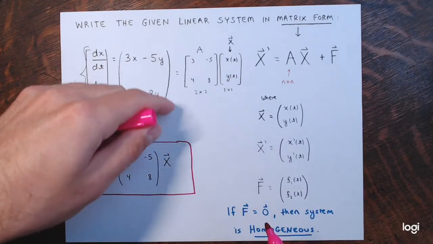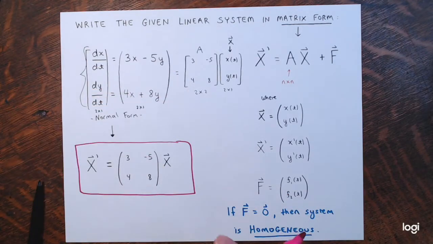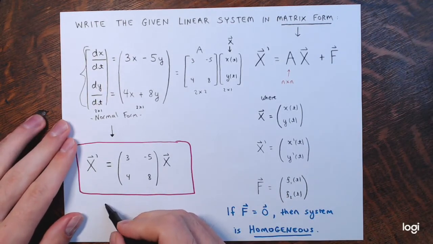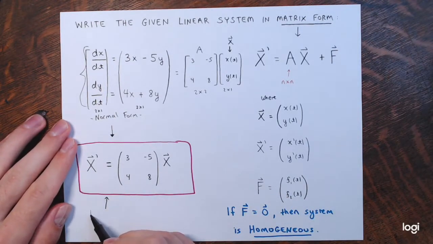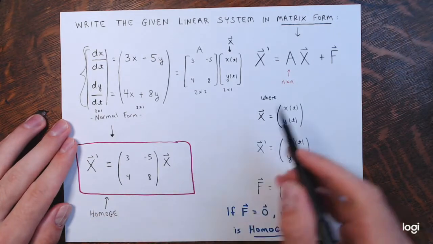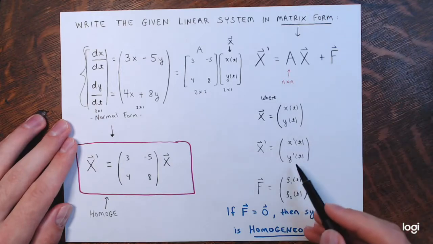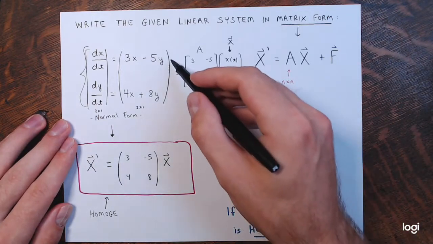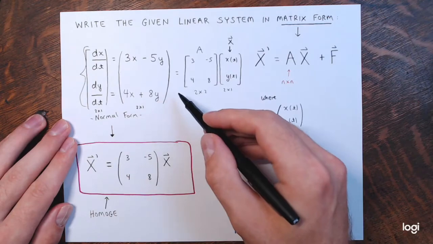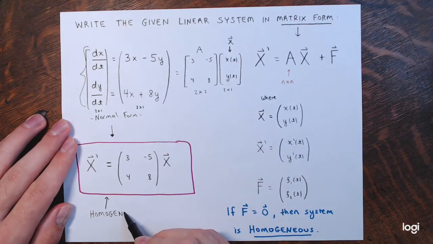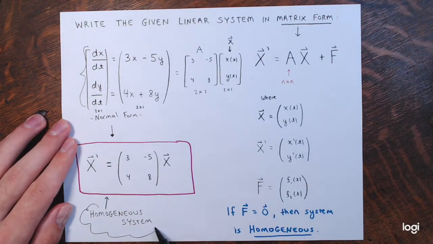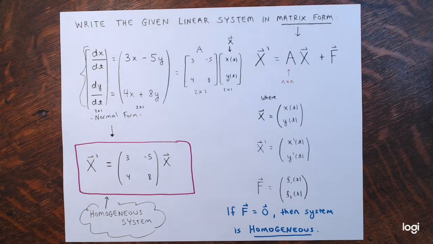There are no other functions of t being added on at the ends of these equations. So this would be considered a homogeneous system, because that f vector that I mentioned earlier is the 0 vector. I'd have plus 0, plus 0. I just want to point that out. This is an example of a homogeneous system. But it's as simple as that.